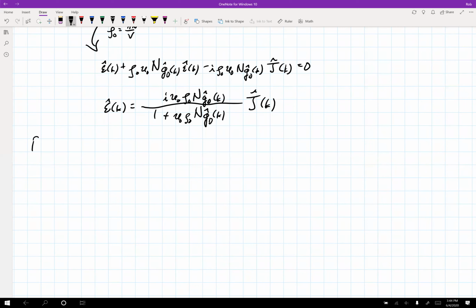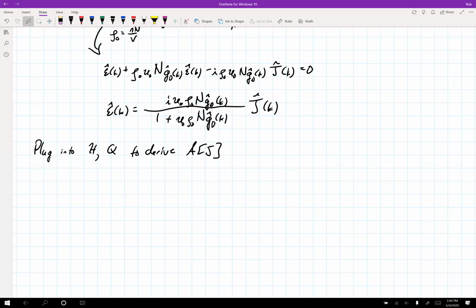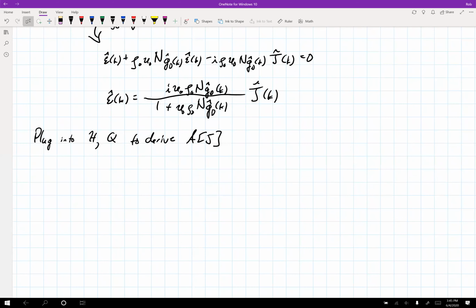So now we can take this and plug it into our H and Q to derive A of j. And the algebra through this gets a little bit hairy, but I like to show the work simply because it seems like it comes out of nowhere if you don't. So, bear with me as we go through this.